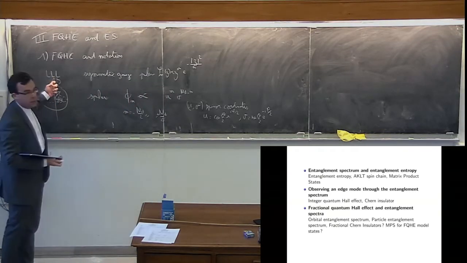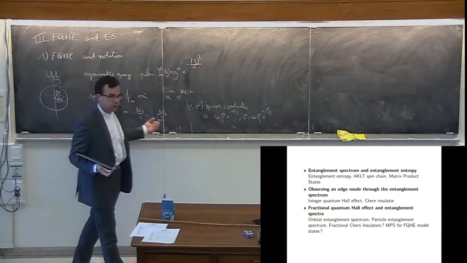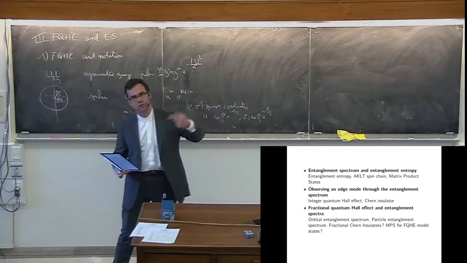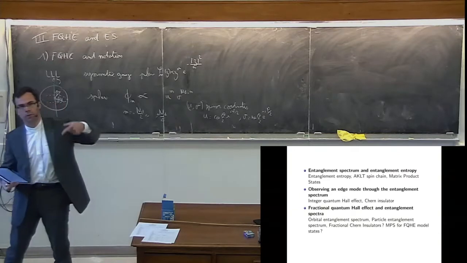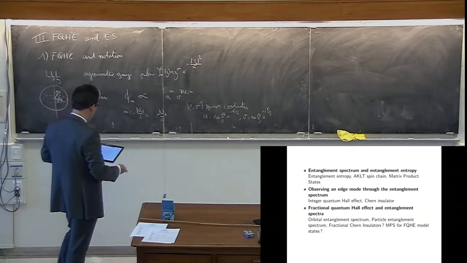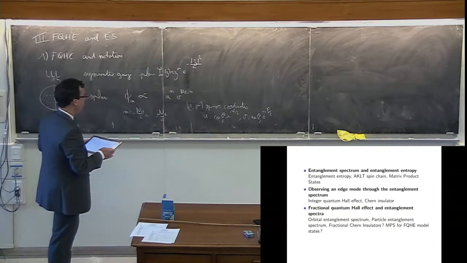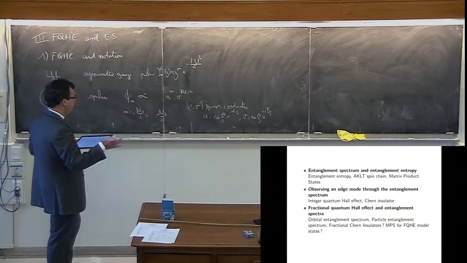It's still like the L_z quantum number. If you're on the sphere, remember it's like a spin, so it's an angular momentum. It goes from minus L to plus L. Okay, good.